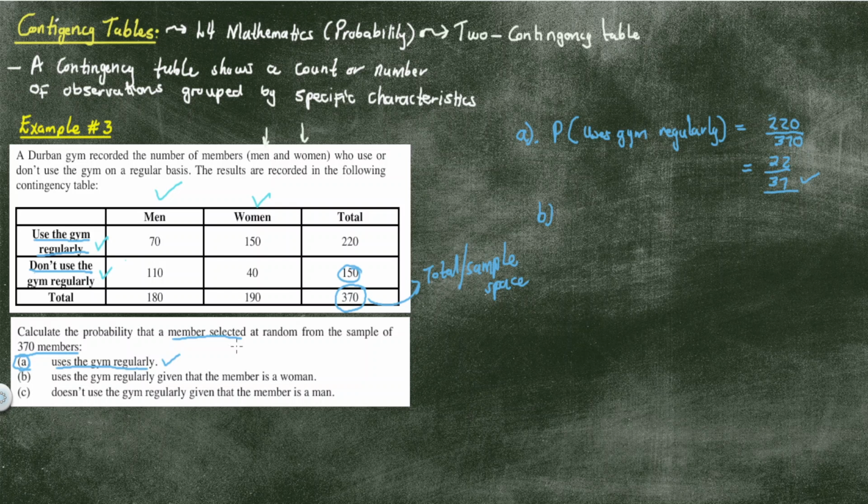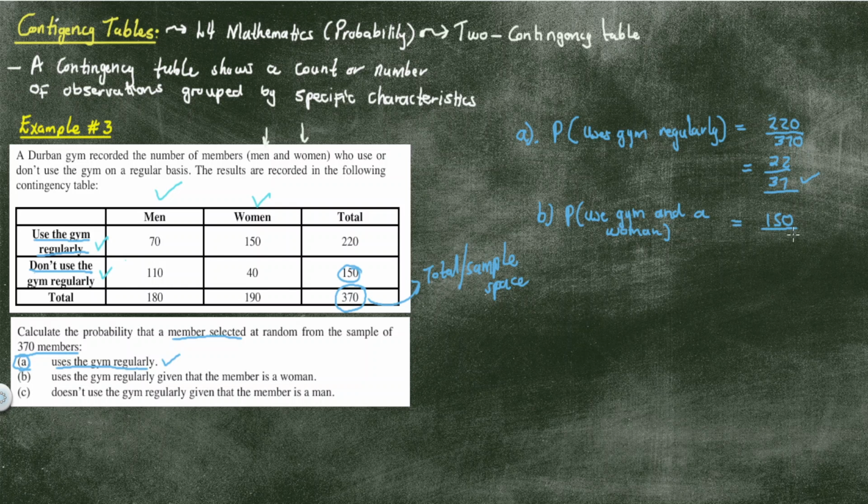B: uses the gym regularly given that the member is a woman. 150 over 190.